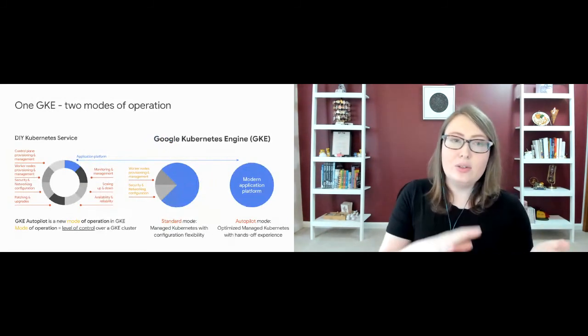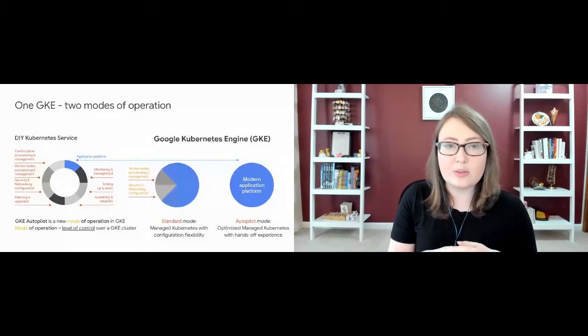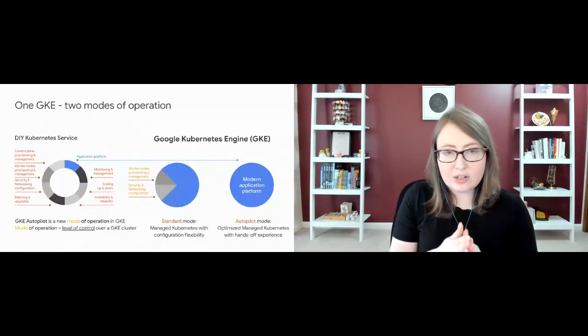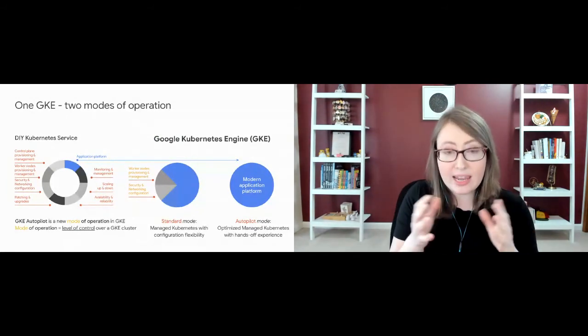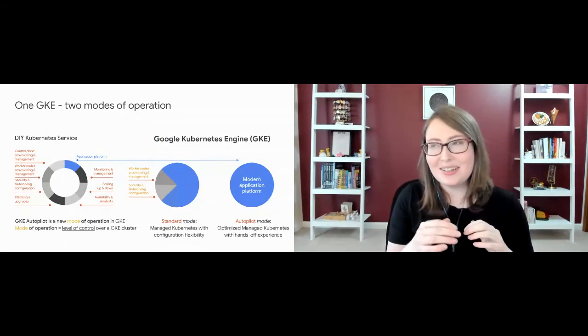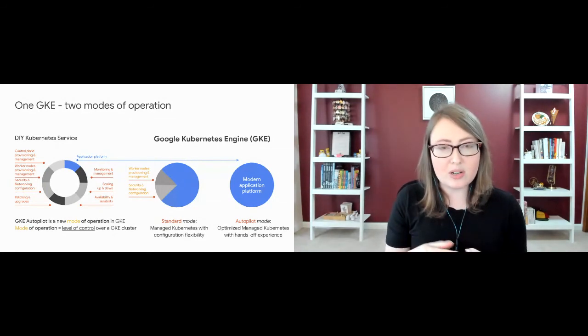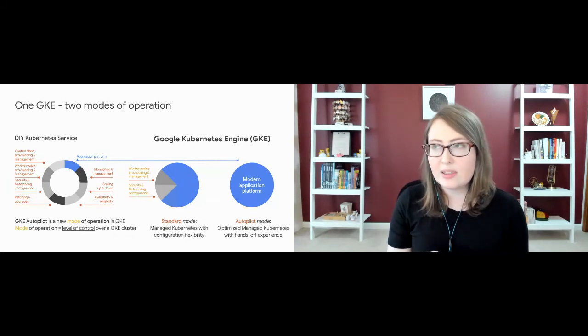So like I said, doing it yourself, there's a lot of stuff that you have to worry about when you're running an open source Kubernetes cluster. Managed Kubernetes, like GKE standard mode, there's quite a bit less, I guess you could say. Google's then taking care of the control plane. We're giving you a bunch of useful tools for understanding what's going on in your cluster with the dashboards and things.